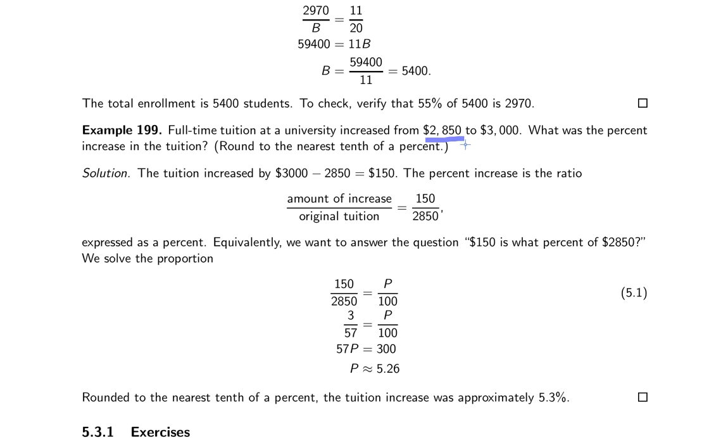Going from here to here is 150. So the increase is $150, and that's what we're comparing to the base. So for the percentage increase, we're looking for P. A is 150 and B is 2,850.